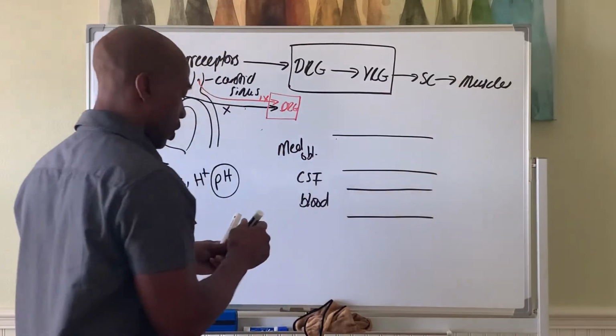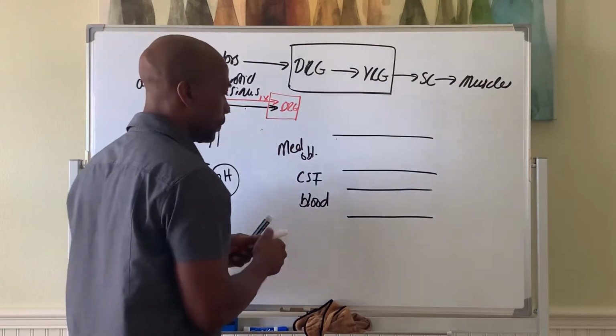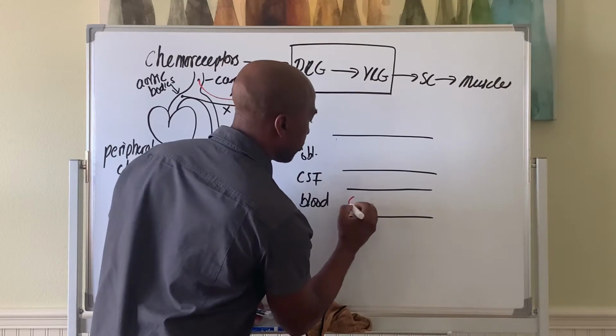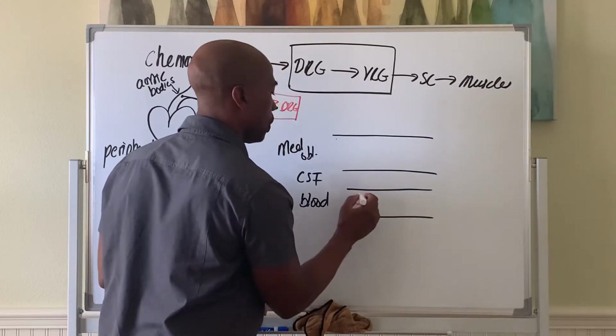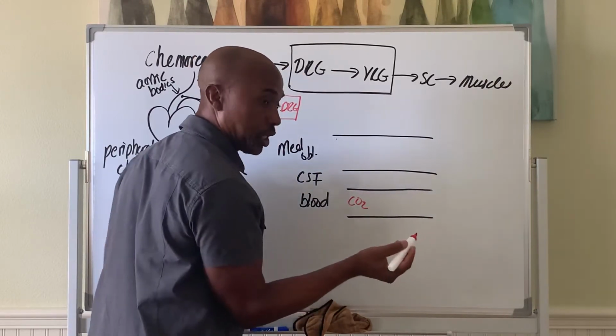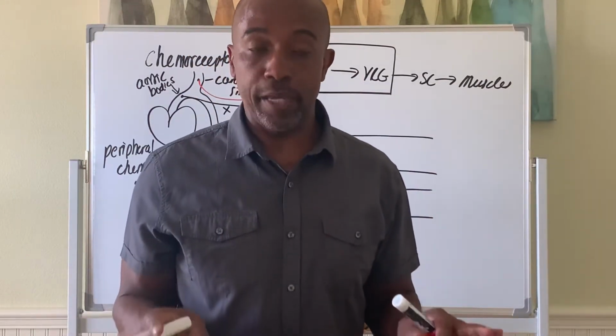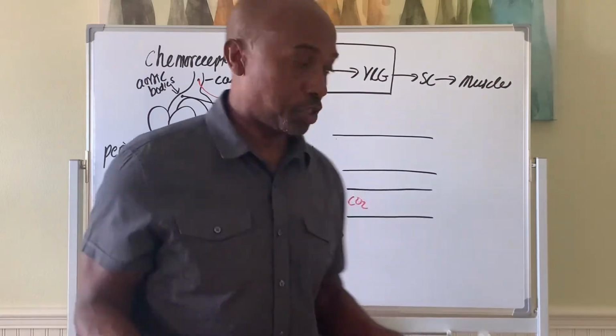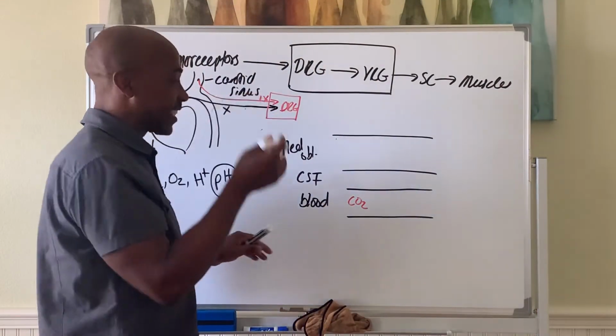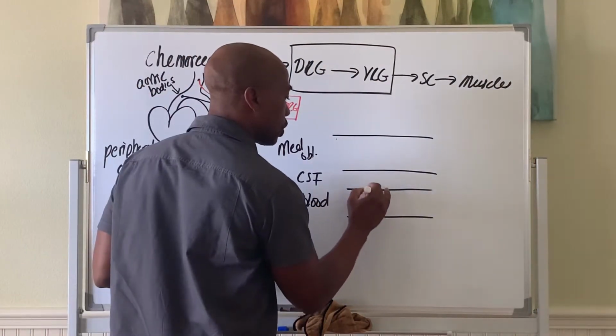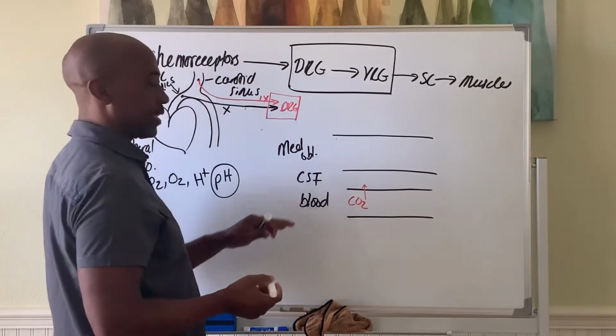So CO2 in the blood again. This CO2 is a gas. I have to make it clear, gases are always gases, no matter where they are. They can be gas in air or gas in water, it's still gas. So the CO2 in the blood is still gas. It will bubble into the CSF.